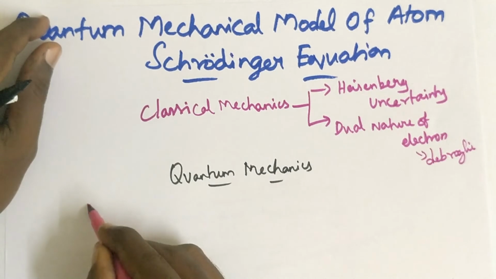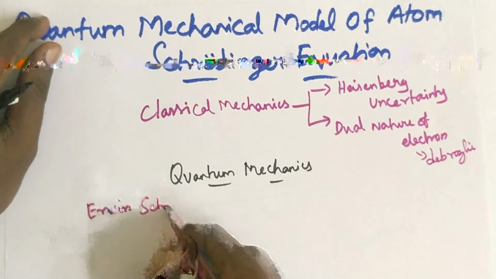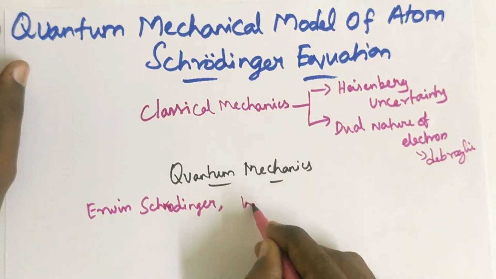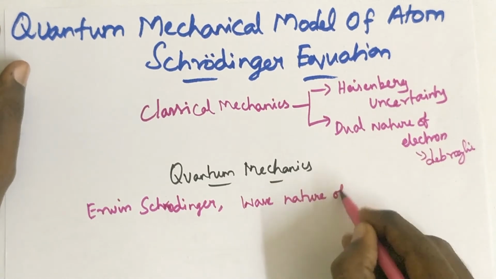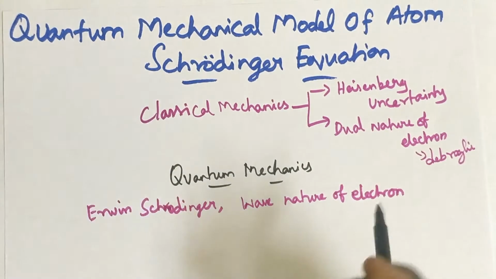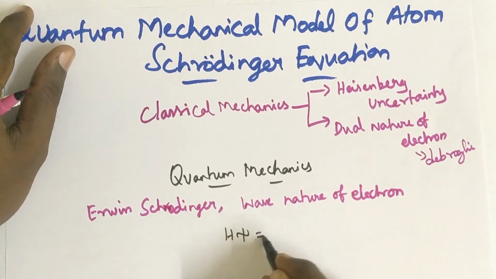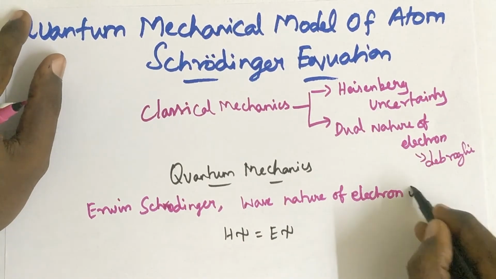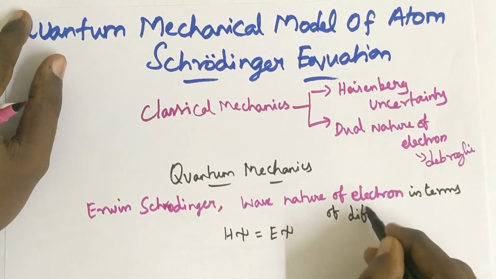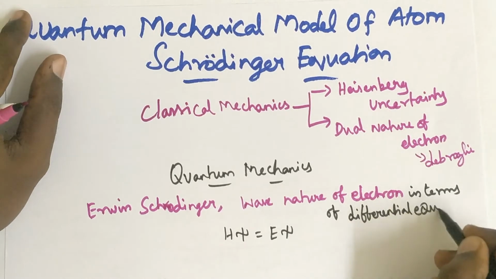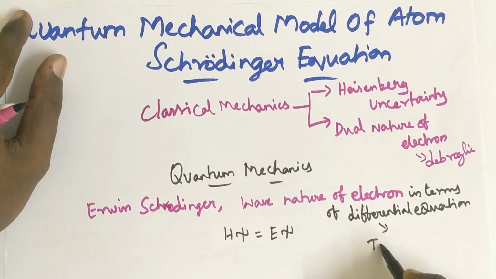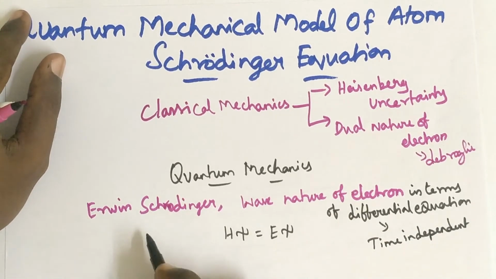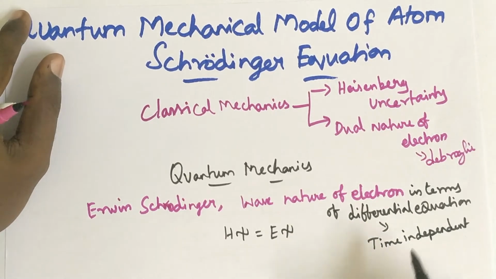In quantum mechanics, Erwin Schrodinger expressed the wave nature of electron as H psi equal to E psi. He expressed the wave nature of electron in terms of a differential equation, and it is a time independent equation.